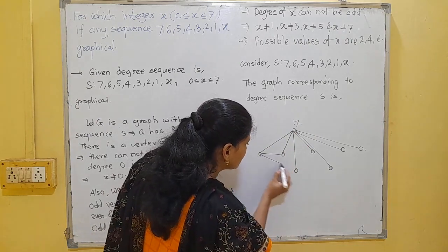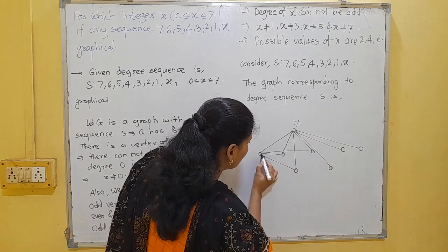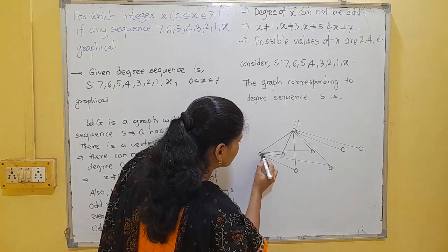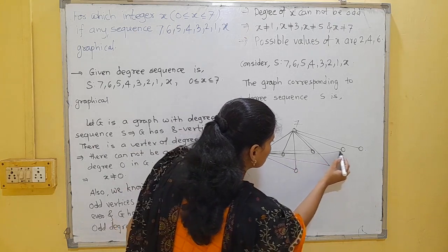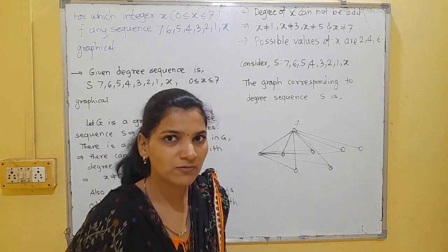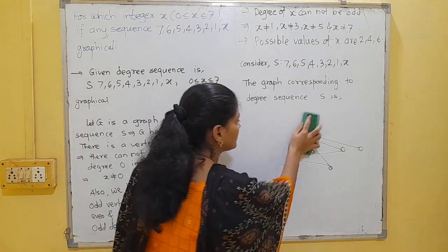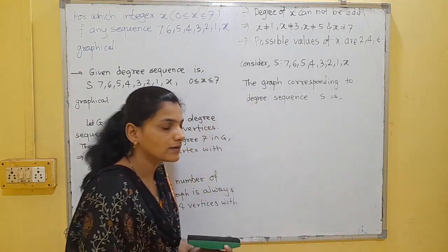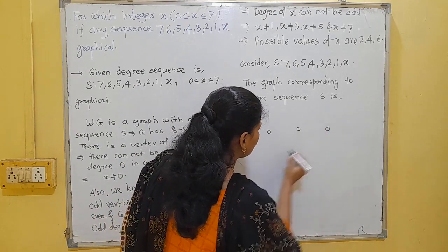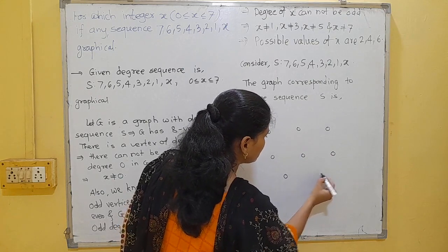I am drawing this graph again. Wait for a second. 1, 2, 3, 4, 5, 6, 7, 8.